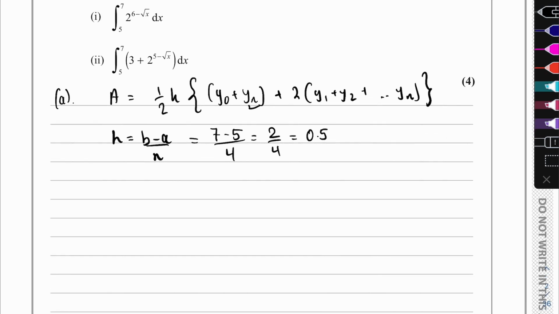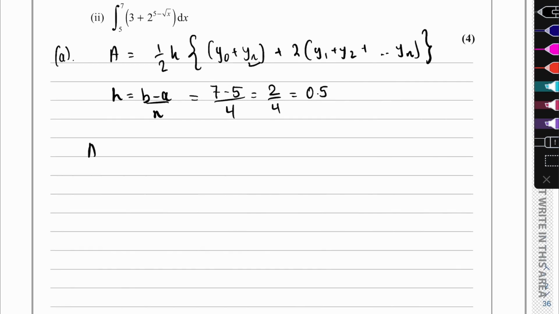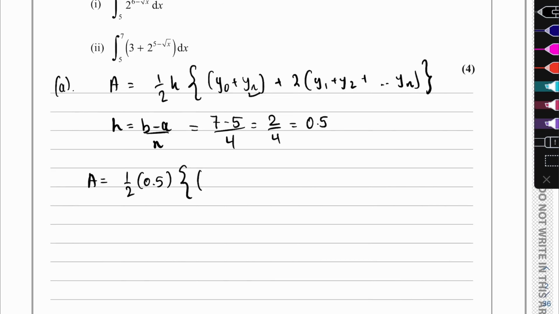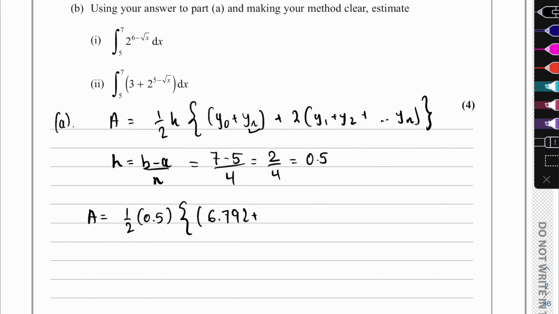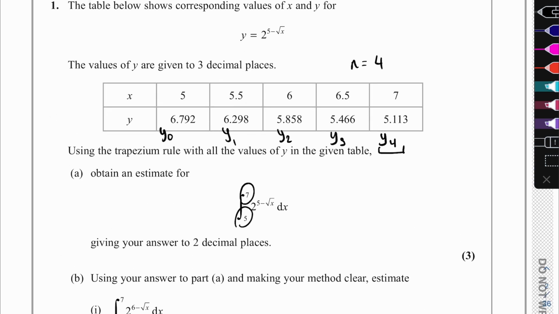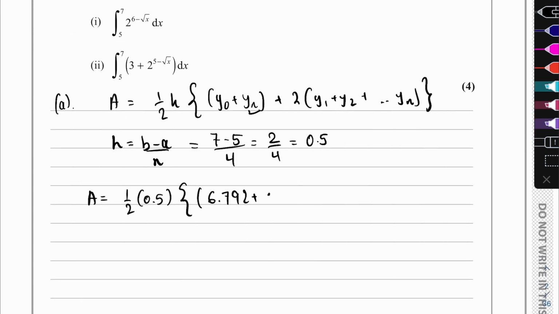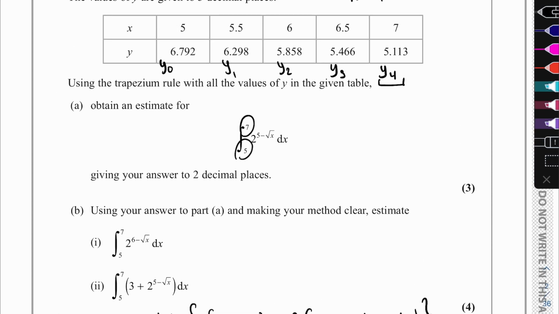Okay, so now we substitute in the values. The value of this integral is half times 0.5 times, so y0, let's look at the values, 6.792, plus yn, which is the same as y4, 5.113, plus 2 times, so what are the other values that remain?